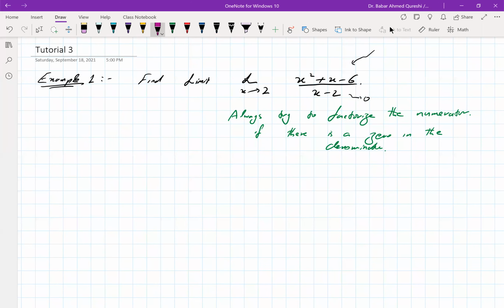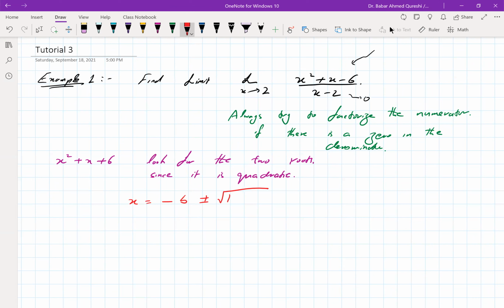Just as an example, if I want to factorize it, what I can do, it's a quadratic function. Look for the two roots, since it's quadratic. So it will have two roots. And for the quadratic functions, they are actually very easy to find because you can just use the quadratic formula.